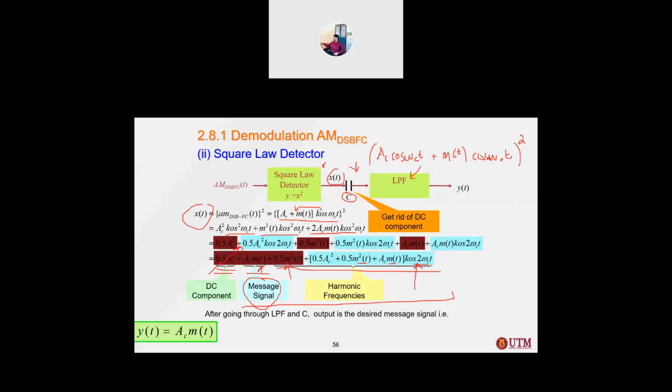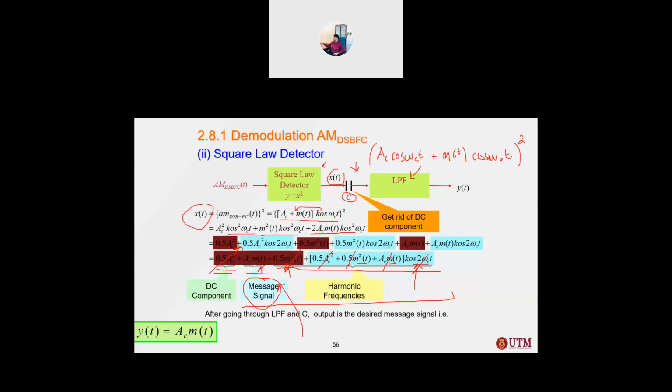So the low pass filter definitely removes all the higher frequencies. That's why this one is removed, this one is removed, this one is removed. And of course this one is removed because this is omega c. So all of them are removed. This one is also removed. You are only left with this. In this case the modulating signal is the low frequency, so it only passes through this.